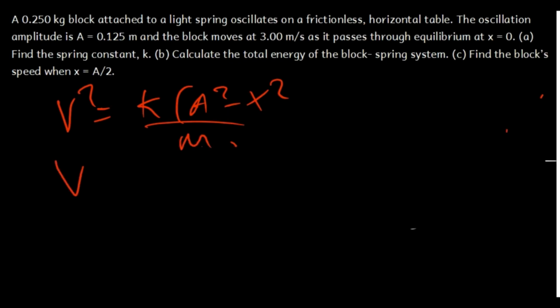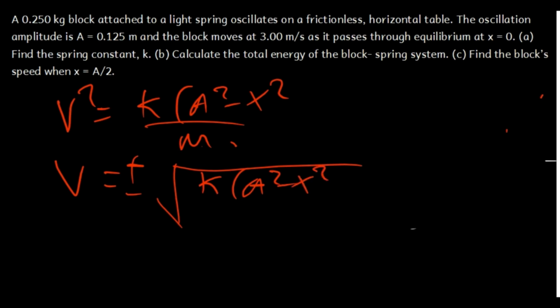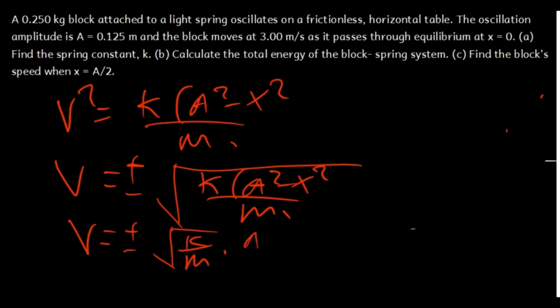Now if I get the square root both sides, this is going to give me plus or minus the square root of K over m times, I need to remove that square root, A minus x, which is just the same thing.